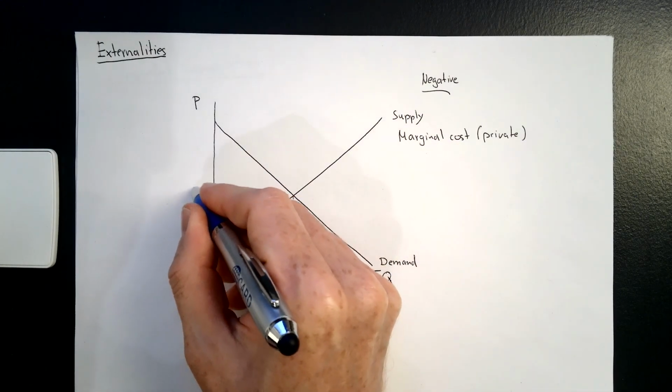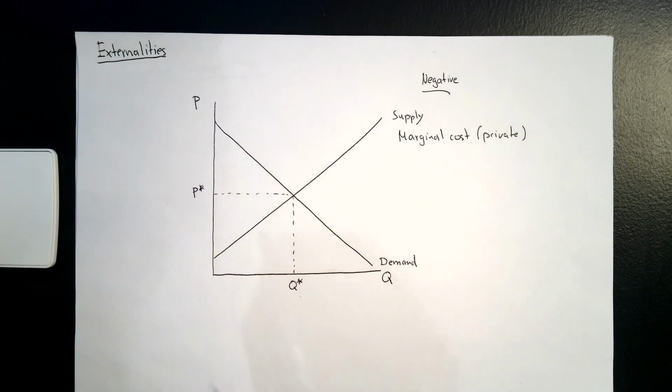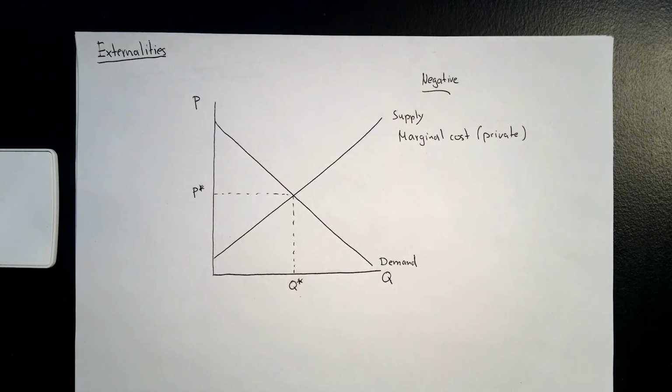Now, suppose that this good is actually causing a negative externality. Remember that an externality or negative externality is a cost that is borne by non-market participants.